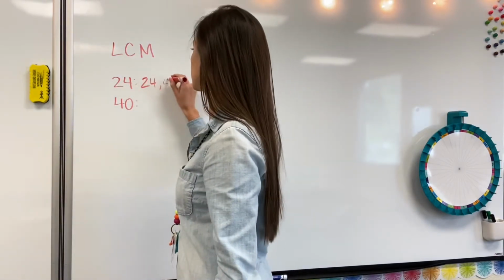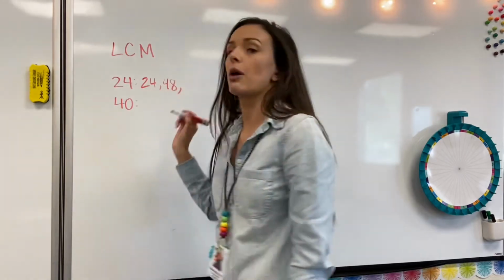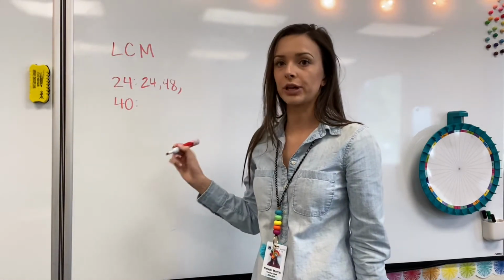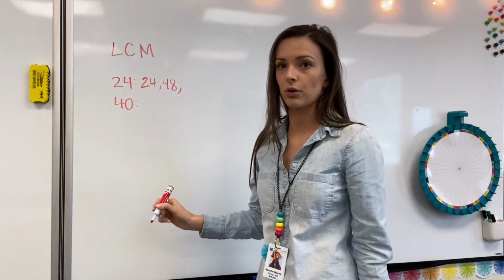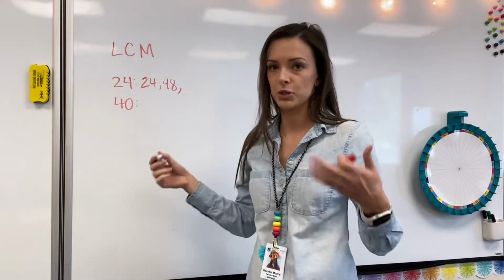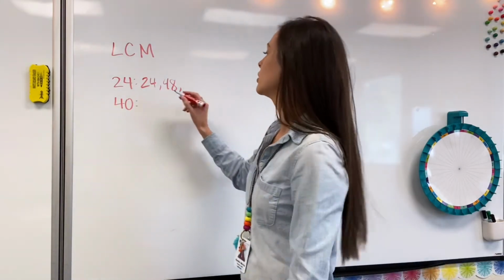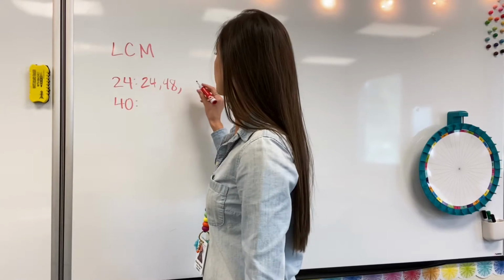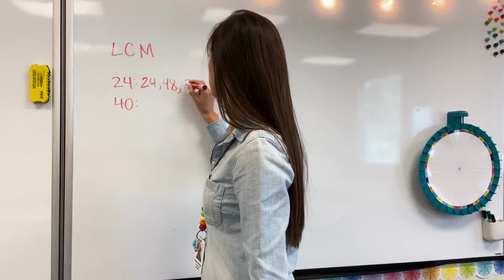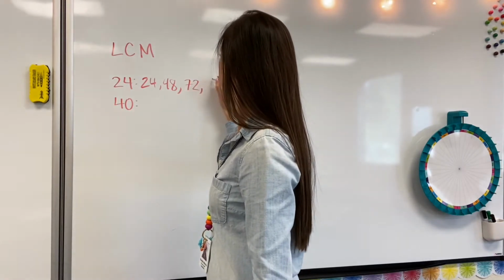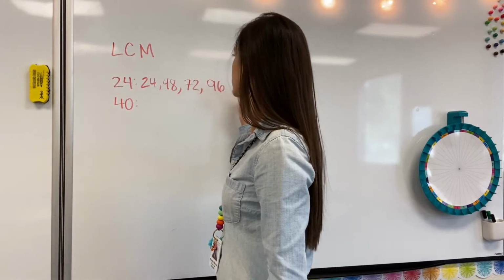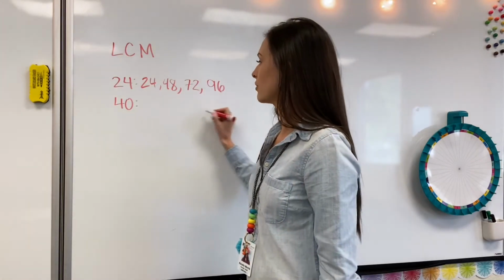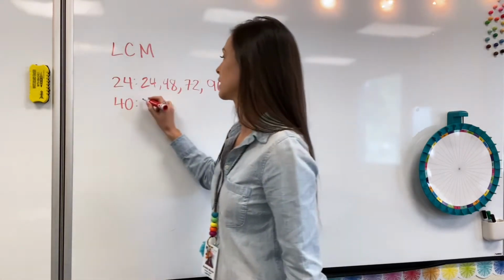Then we get into 48 and so on and so forth. So please don't forget that first multiple, which is itself when you're multiplying times 1. So let's see, 24, 48, 72, 96.